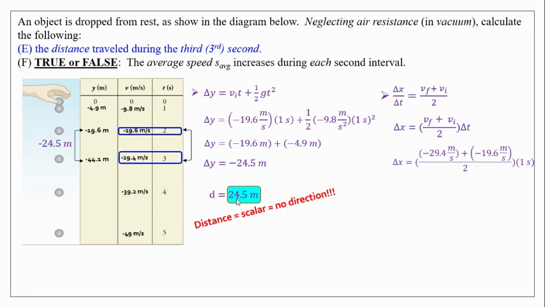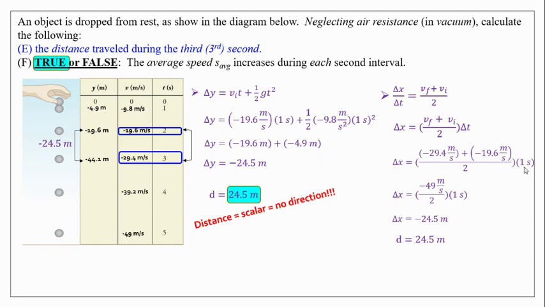If we simplify all this work, the numerator is negative 49, divided by 2 times 1 second on the outside. Your answer is negative 24.5. That is your displacement in the downward direction, but to find distance, you would just do the absolute value. So our answer would simply be a distance of 24.5 meters.